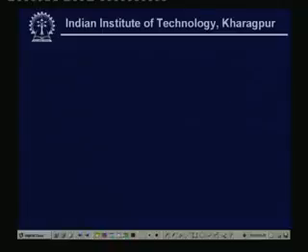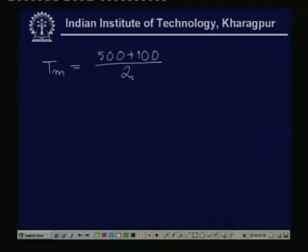Okay. Now, we can quickly take up this idea that T mean comes out to be how much? 500 plus 100 divided by 2.